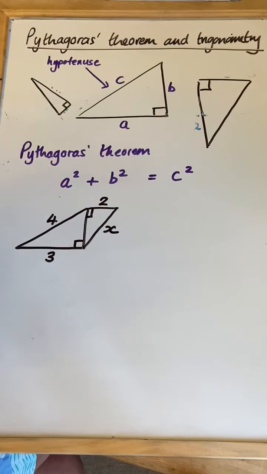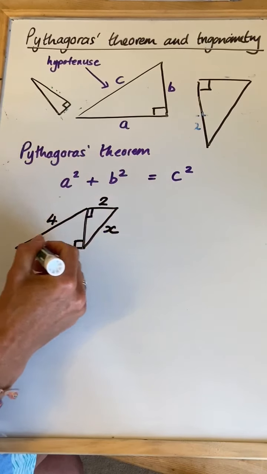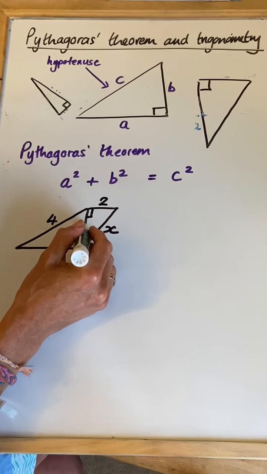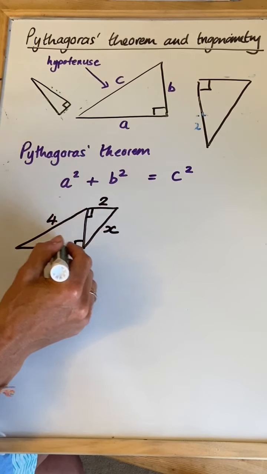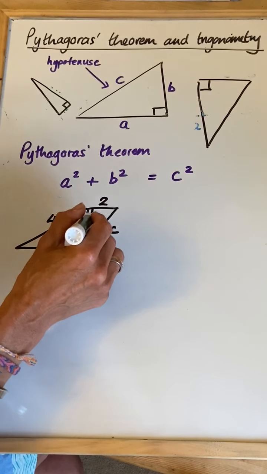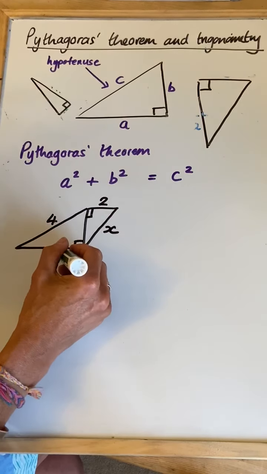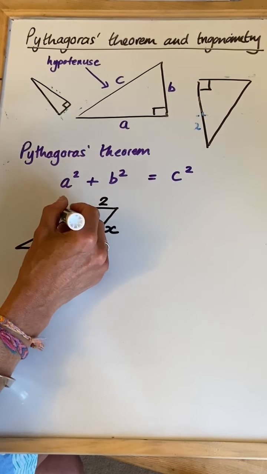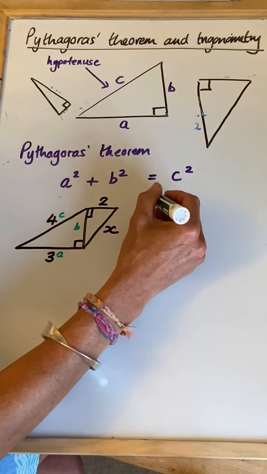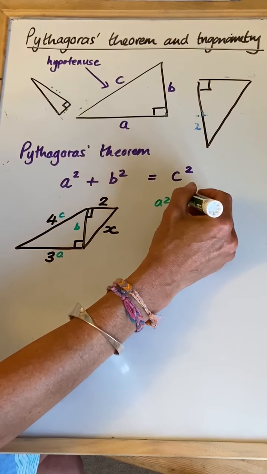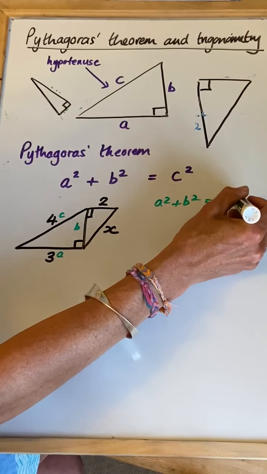So what you would need to do with this question is look at the triangle that you can find the third side for. Once you've found that third side, you can use that third side in that part of the question. So this triangle here, if we say that's A, that's B, and that's C. So initially, a squared plus b squared equals c squared.